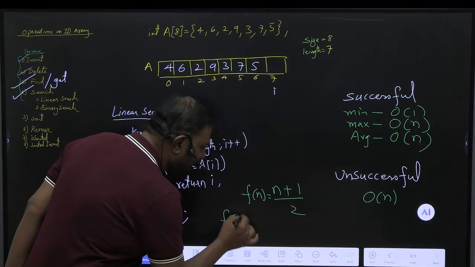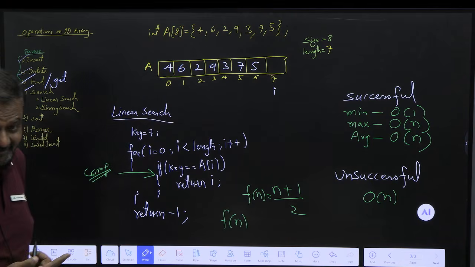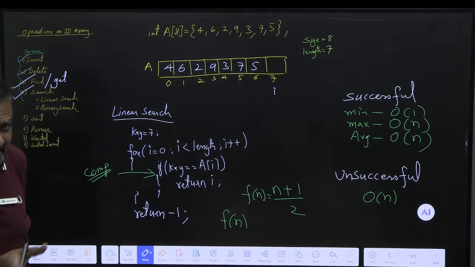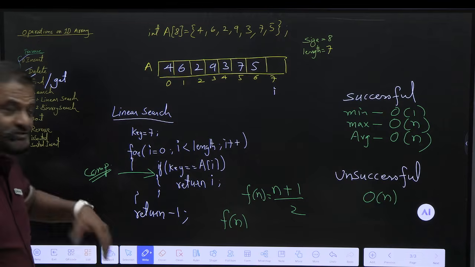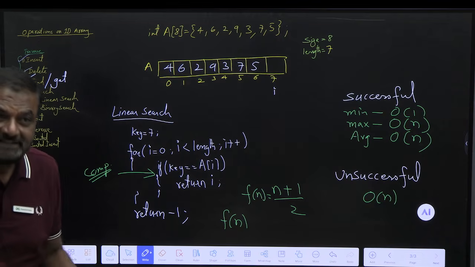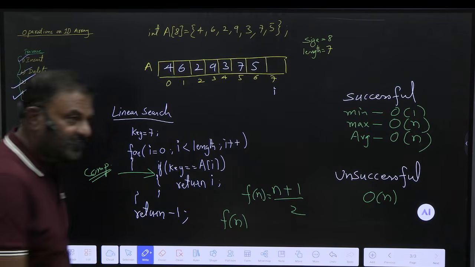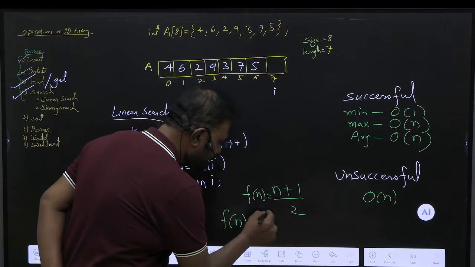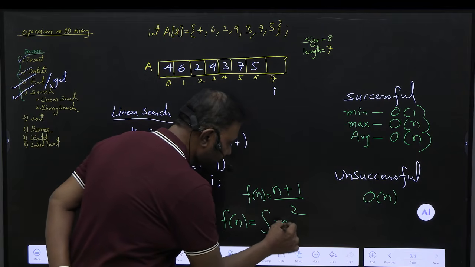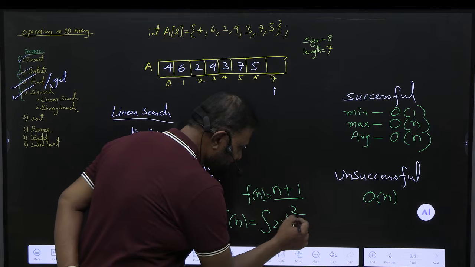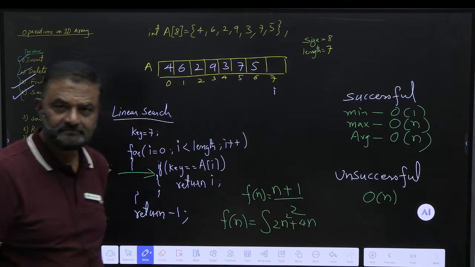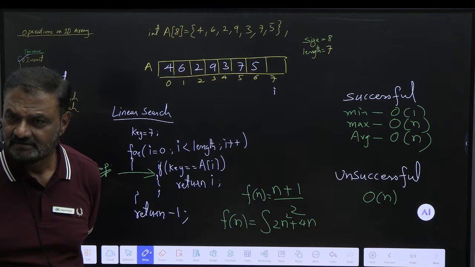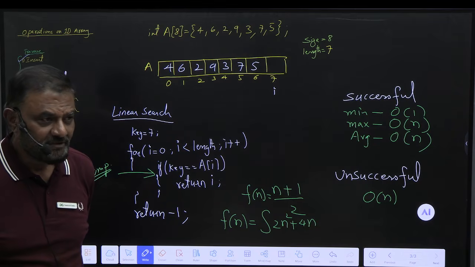Suppose you have analyzed, listen carefully. I'm giving you just the idea, not a problem to solve, the main concept. Suppose you have analyzed the time complexity of some algorithm and you got the function as follows. Is it a polynomial? Not a polynomial.